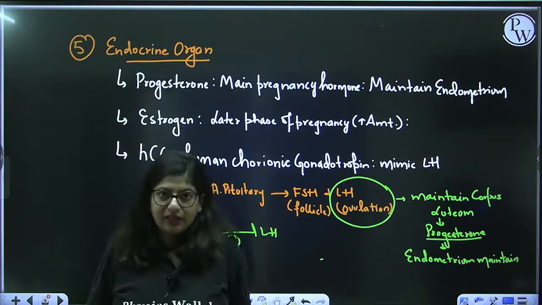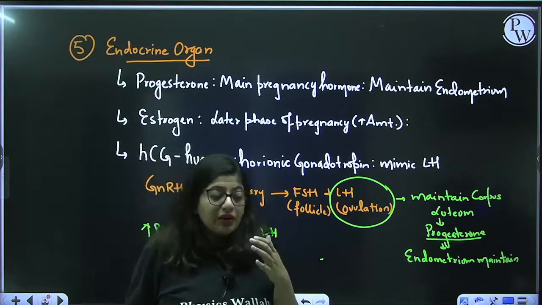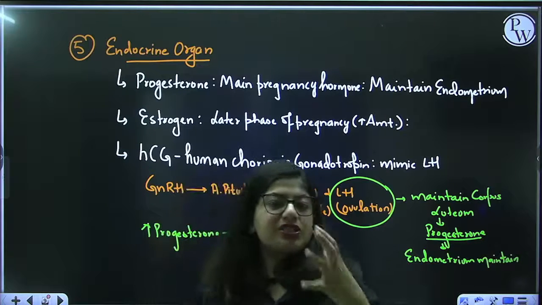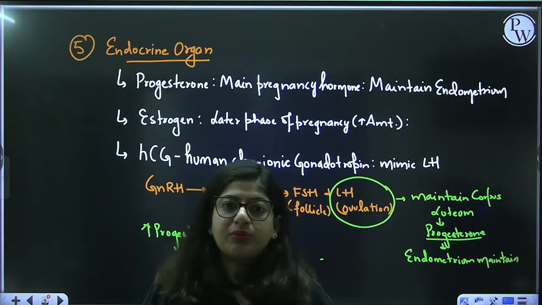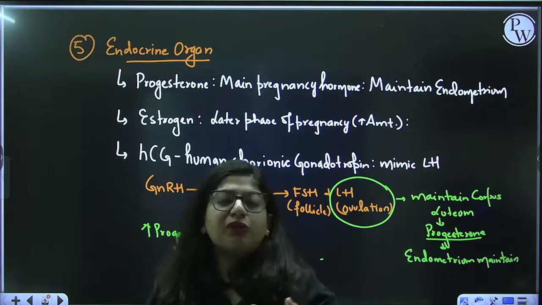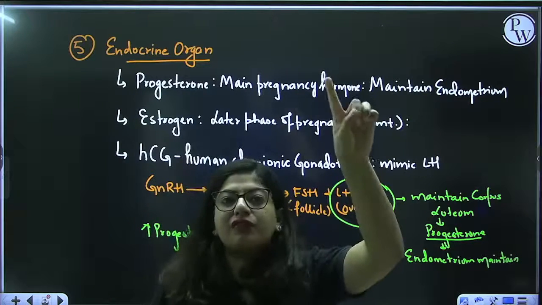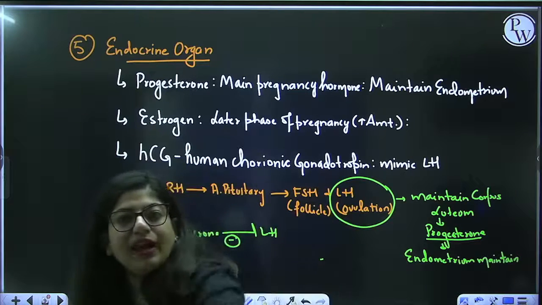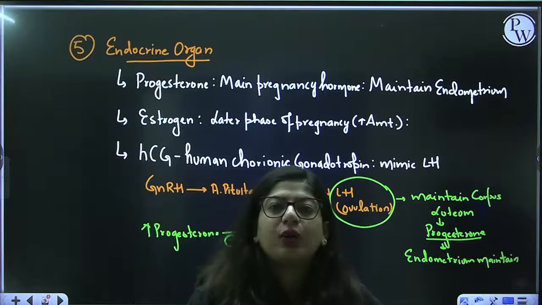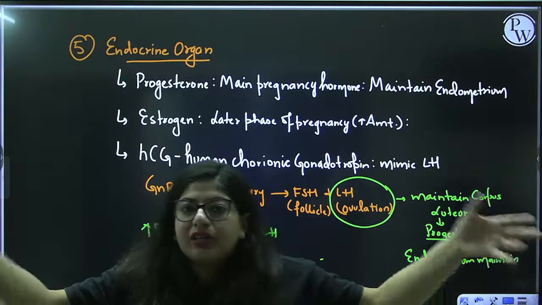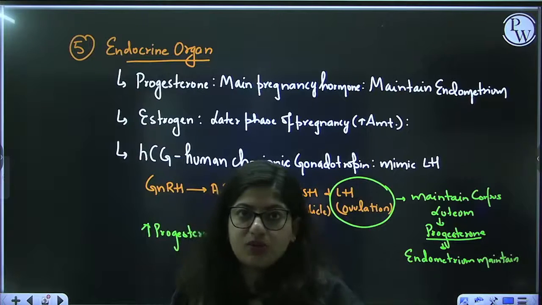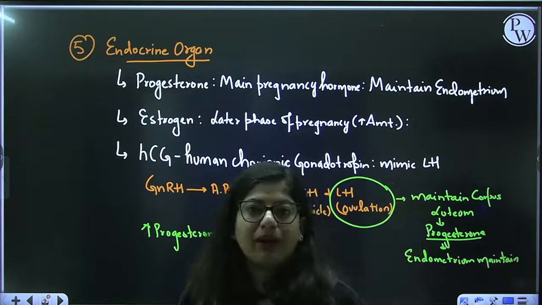When ovulation occurs, LH is at peak, so the corpus luteum is formed. But when the corpus luteum is fully formed, it forms progesterone, and that progesterone will keep on giving negative feedback to LH. That's why LH drops, and then at the 29th day, the endometrium moves down. This is how the cycle moves. This is how all hormones are dependent.